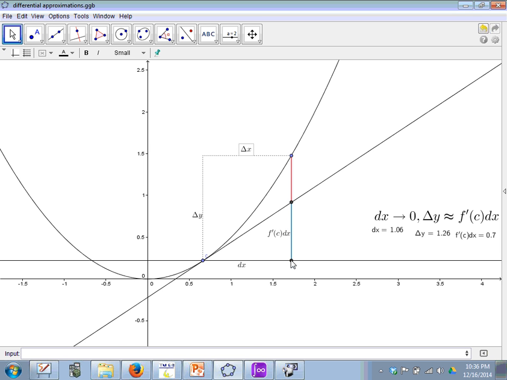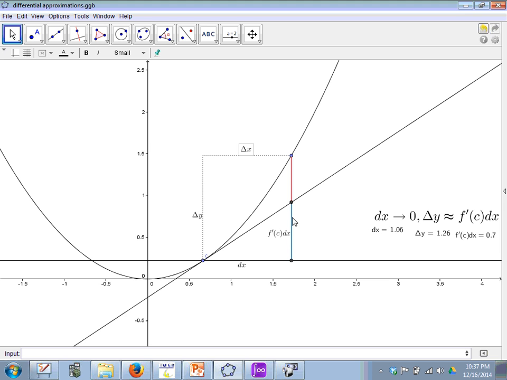The length from the horizontal line containing C up to here, that vertical change, is f prime of c times dx. Now f prime of c is just the slope of this tangent line at point C, and dx is just the distance from here to here. So if you take the slope and multiply it by dx, that gives you this vertical distance right here.